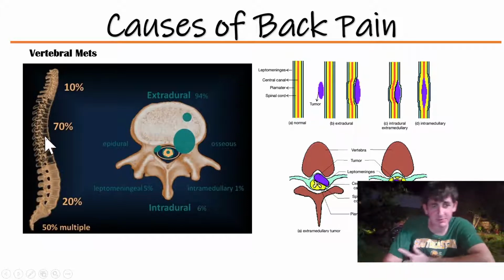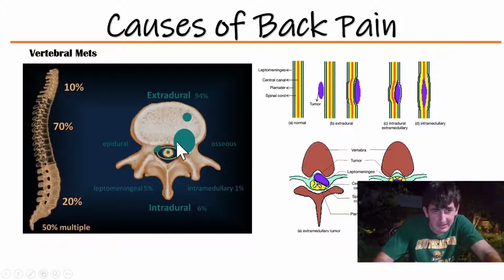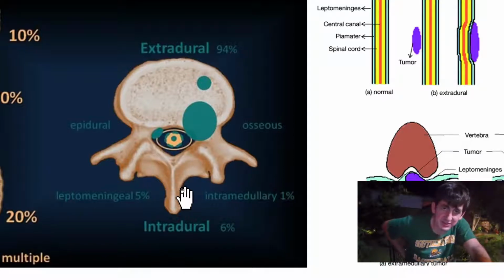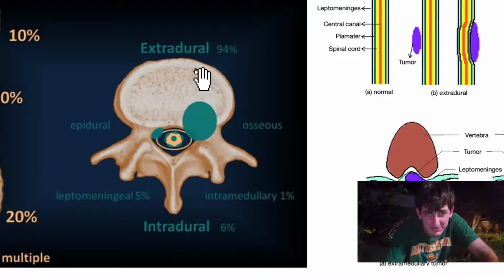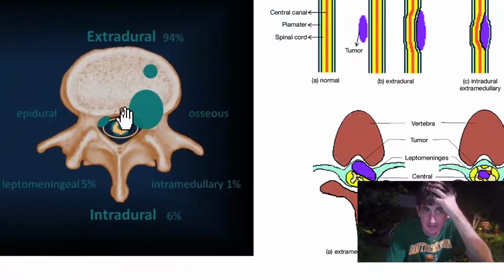And so here's where these things can spread. Most are in thoracic spines, then lumbar, then cervical. And half of these can be multiple spinal levels. So you can have intradural, intramedullary, extradural. Usually they're extradural, 94%. So the dura, of course, is like that sac inside of here.